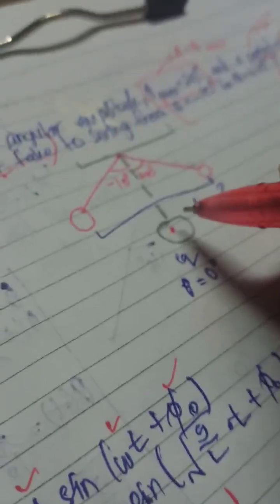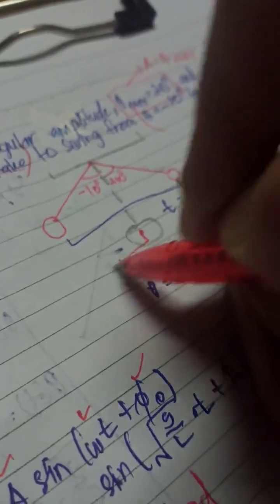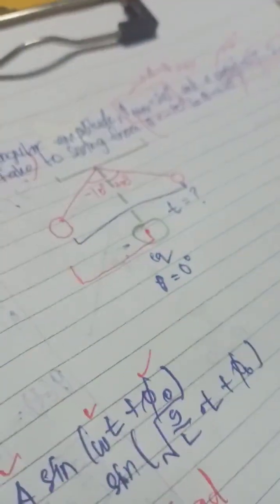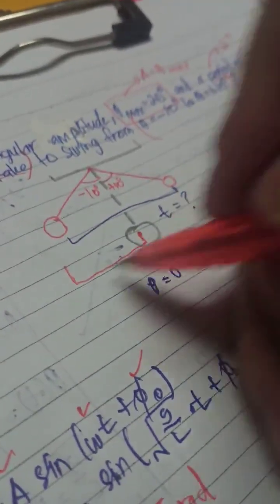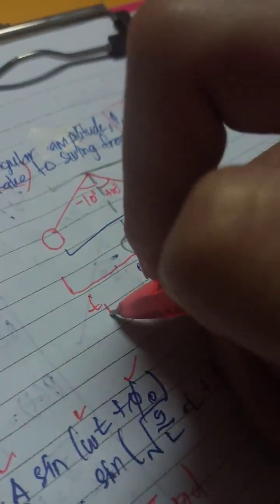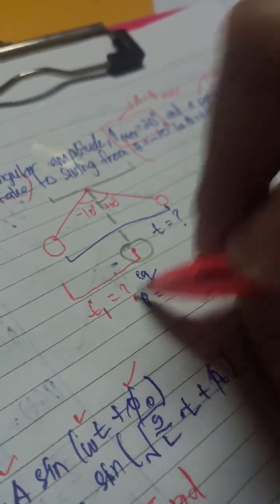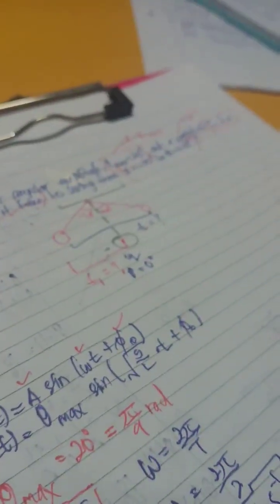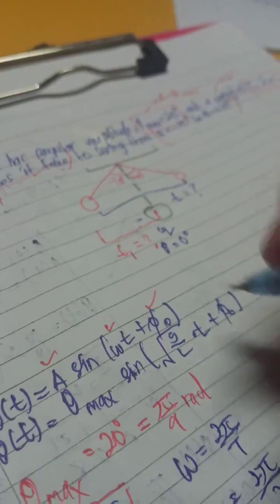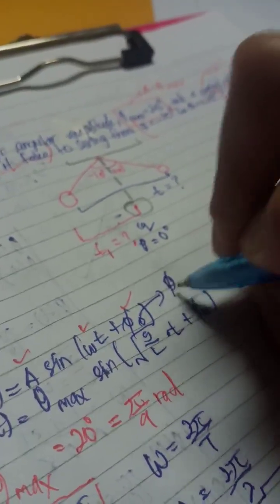I want to measure a time from the equilibrium position to the second condition, to negative 10 degrees. What is the time here? Let's say that this is T1. To ease up the calculation, I say that phi naught is equal to 0.